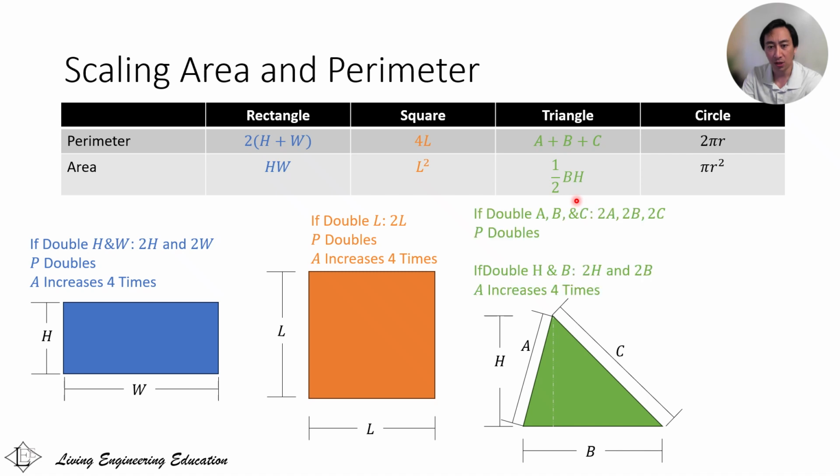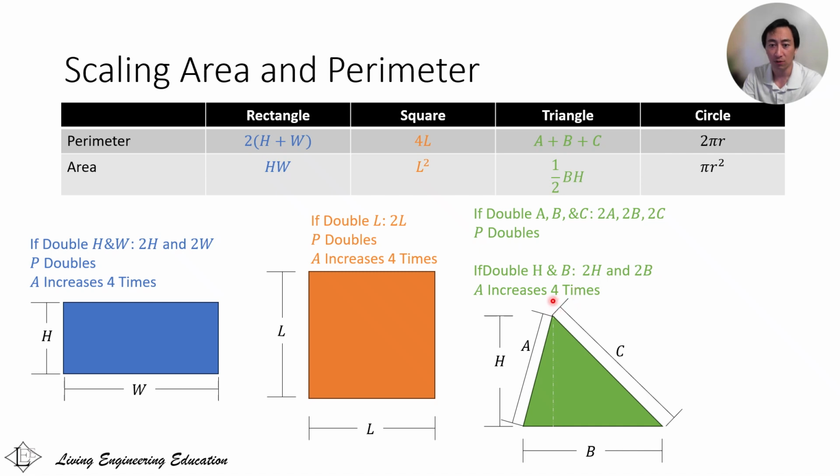If I double each of a, b, and c, the perimeter is going to double. That's pretty obvious, right? If you double all the lengths, it's going to double. If you double the height and the base, then your area is going to go up 4 times.